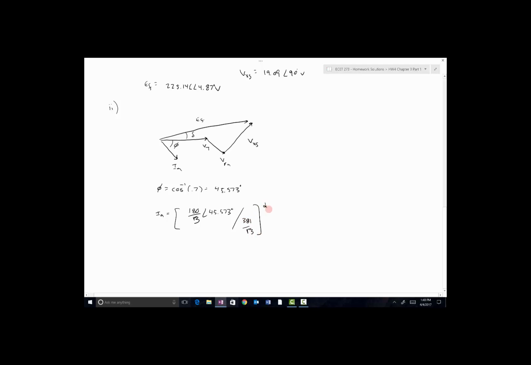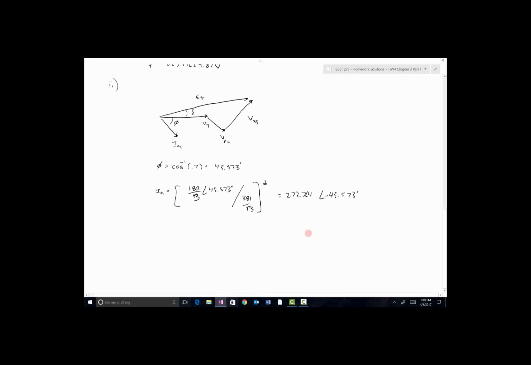Then I take the complex conjugate of that, and I get 272.764 at an angle of negative 45.573 degrees. So that is the current. We can see that all it did was change the angle of the current as compared to the previous calculation.